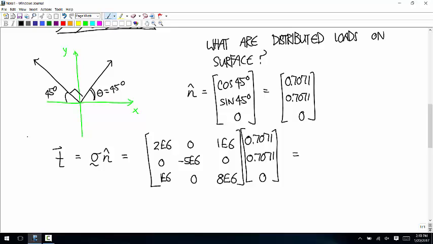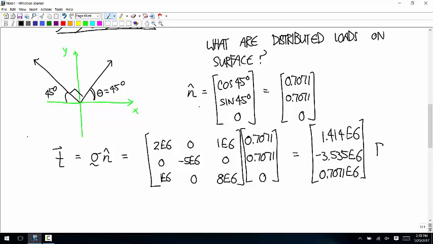And the vector you get out of that is 1.414 times 10^6, negative 3.535 times 10^6, and 0.7071 times 10^6 pascals. So if we know the stress tensor for points on the face, this tells us the actual loading occurring on the face.